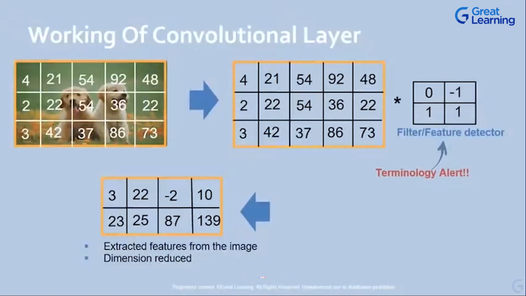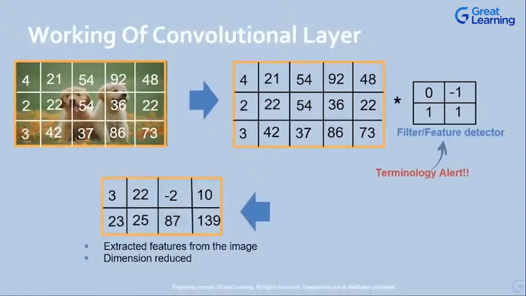When I started learning convolutional neural networks, I had a big confusion about how these filters are used. These filters are chosen randomly; there is no hard and fast rule. Here our filter is 0, -1, 1, 1. If you want to use a 3x3 filter you can, but I use a 2x2 filter, right? You can use any filter, and the values can be anything.